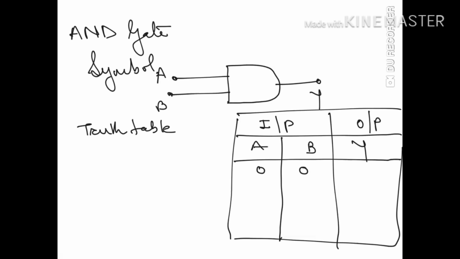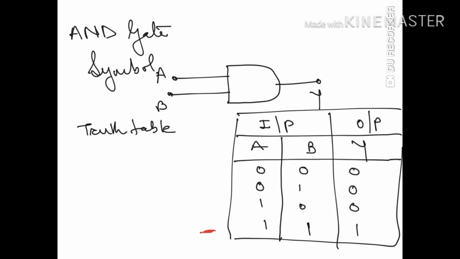Now what is the condition? When A is 0 and B is 0, the output is 0. When A is 0 and B is 1, still the output is 0. When A is 1 and B is 0, again the output is 0. And when both of them are 1, then you get the output as 1. So the output Y of an AND gate is 1 only when all its inputs are high.